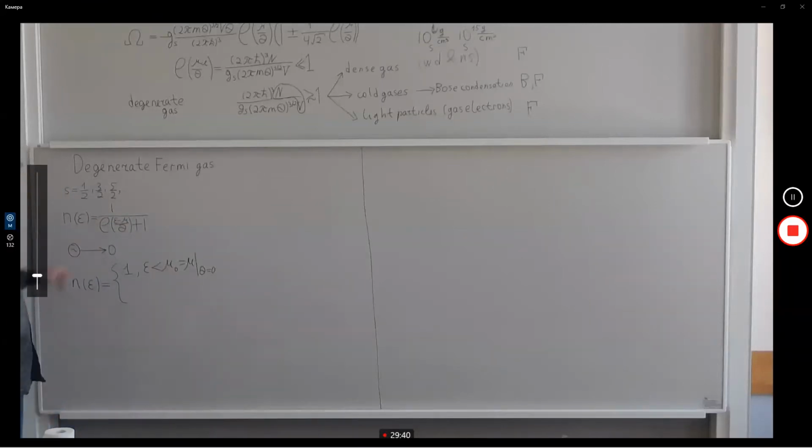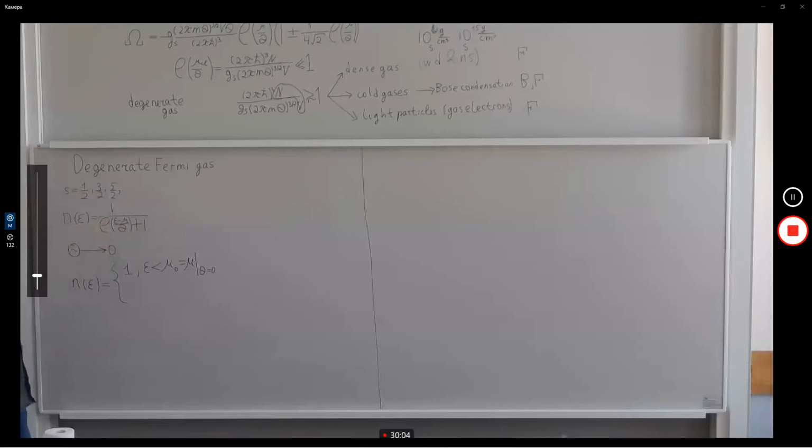If the energy is high, this difference is a positive number, because the energy of the particle can be very high. A positive number divided by 0 or a very small number is a big positive number. And this exponent is very big. So plus 1, it's a very big number.